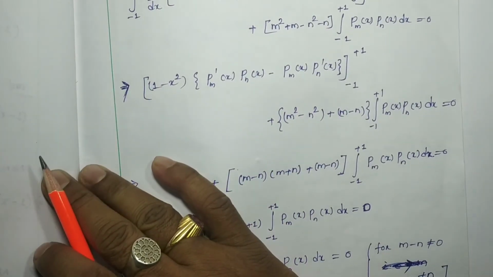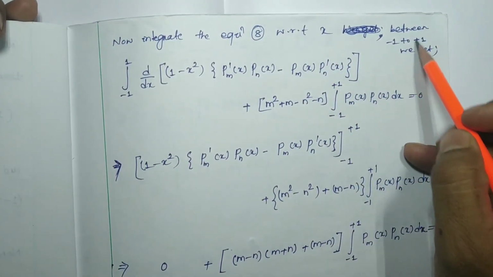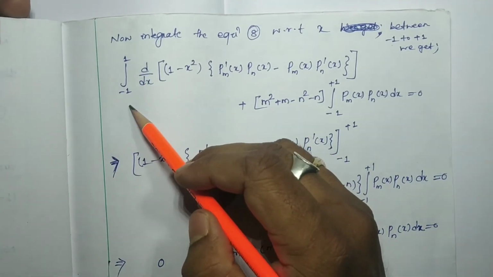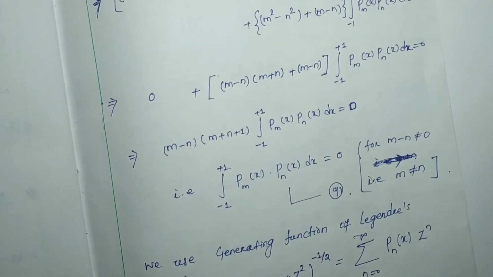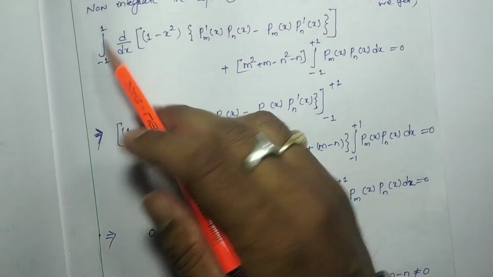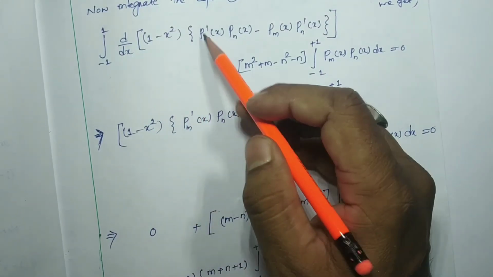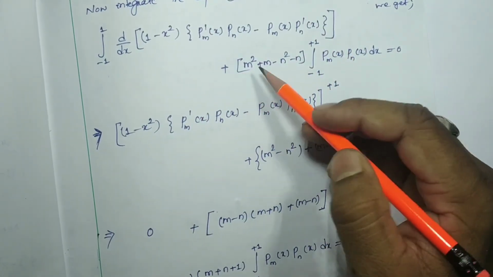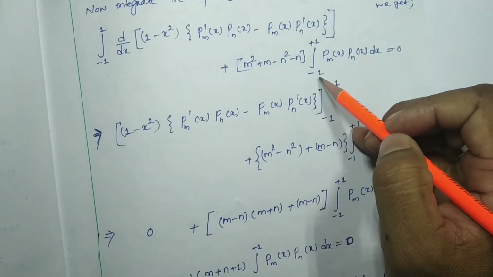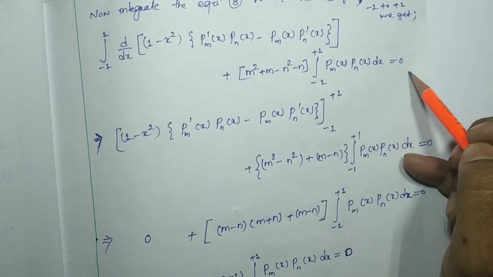Now we have to integrate equation number 8 with respect to x between the limits minus 1 to plus 1. What are we going to get? So integration from minus 1 to plus 1, the previous page I have written equation number 8, the same thing, nothing else. So integration from minus 1 to 1 of the derivative of 1 minus x square, this bracket term, plus m square plus m minus n square minus n into the integration from minus 1 to plus 1 of pmx pnx dx equal to 0.